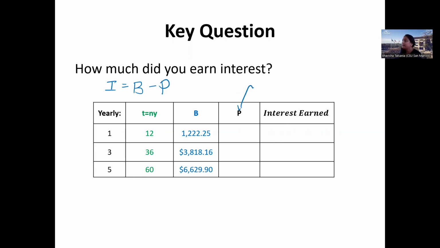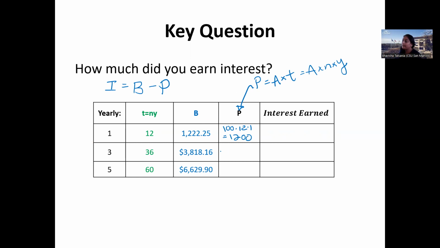To figure out what our principal is, remember that is just going to be how much we deposited every month times the number of times we do it, so that's just A times n times y. So for the first year, our principal is going to be $100 times 12 months times 1 year. So we'll get $1,200.